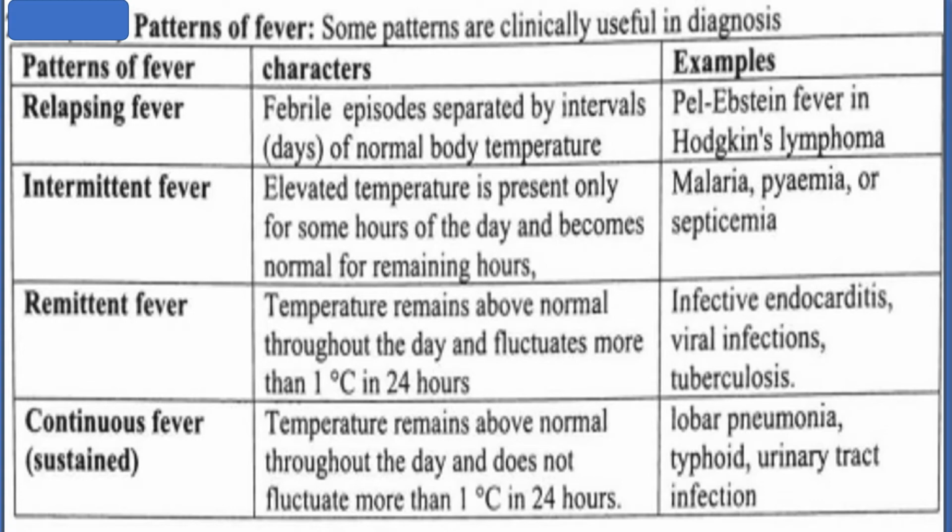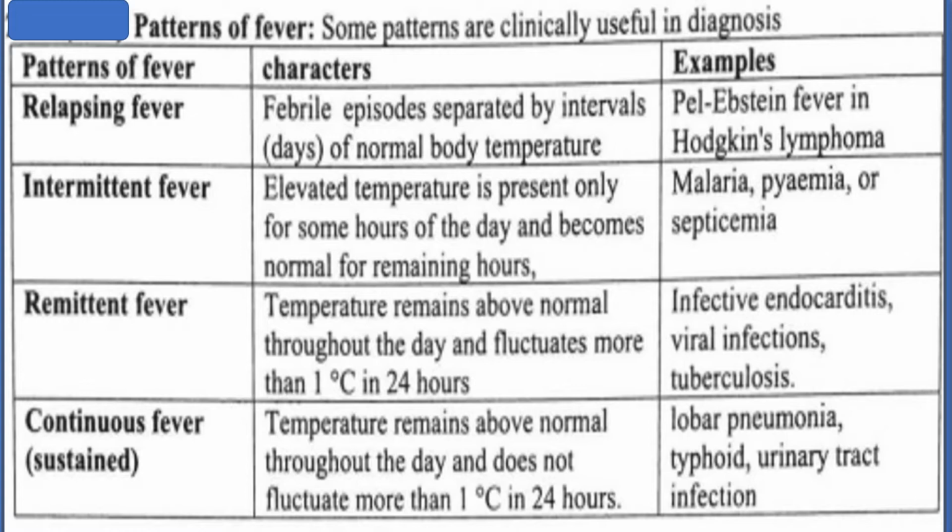Here is another question: what are the patterns of fever? We order the nurse to take the temperature of the patient at least twice daily, one in the morning, one in the afternoon. Why? To find out the pattern of fever.